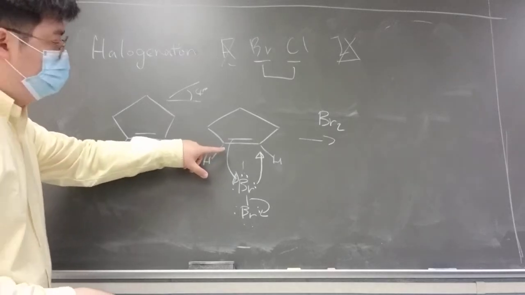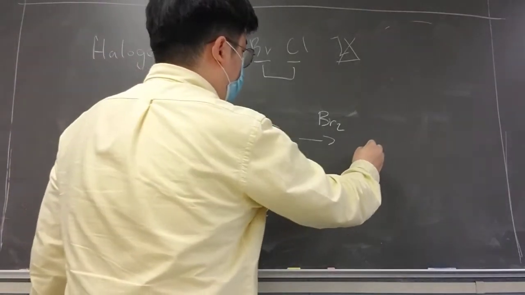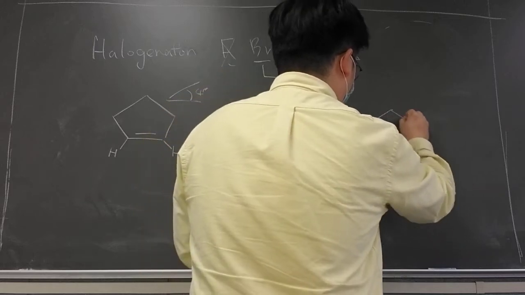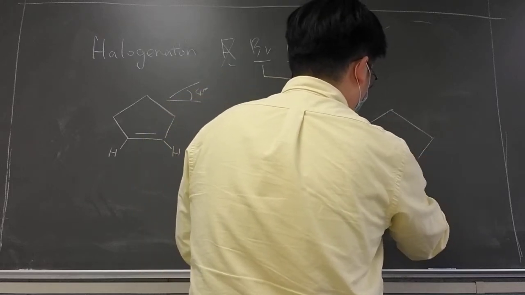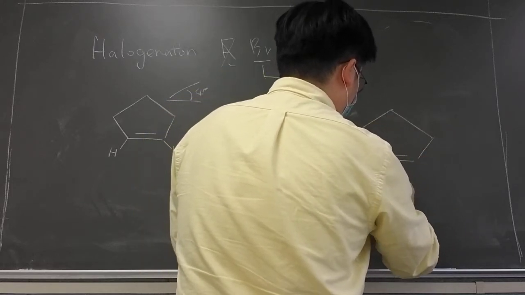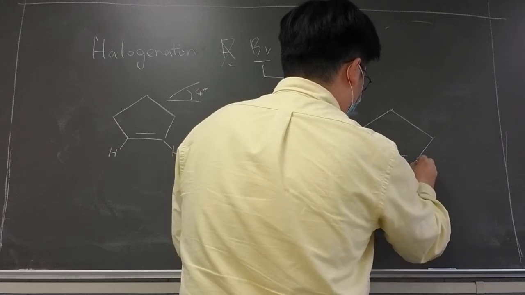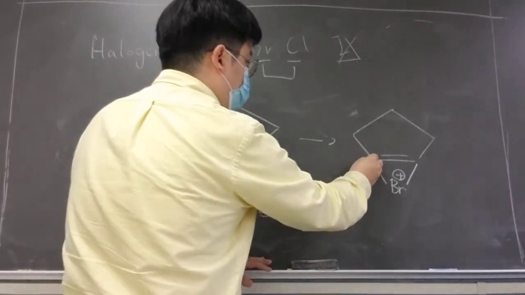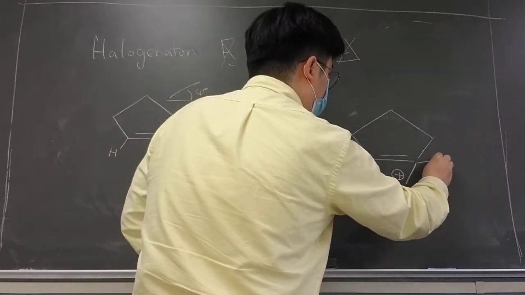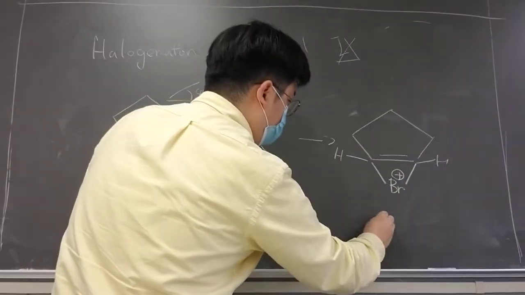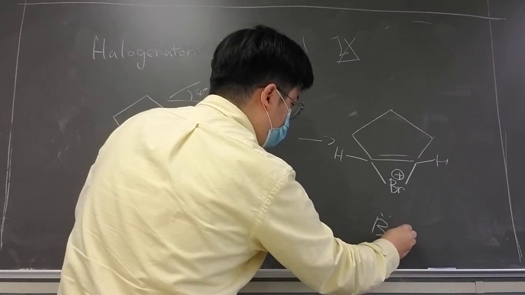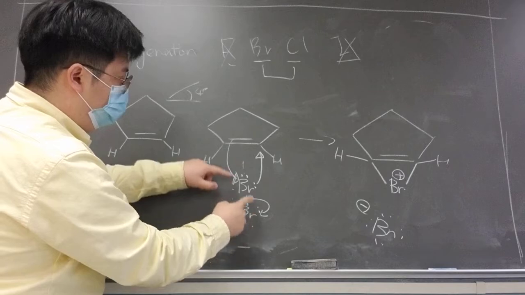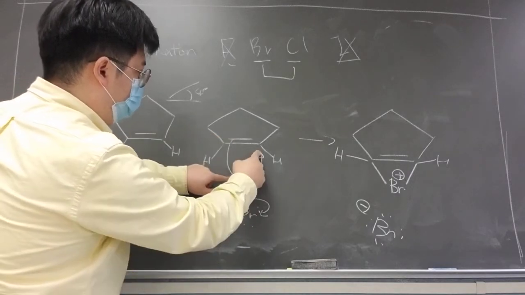So what happens is this one goes to this one, and the other breaks apart as an anion, because the pair of electrons is now donated here.